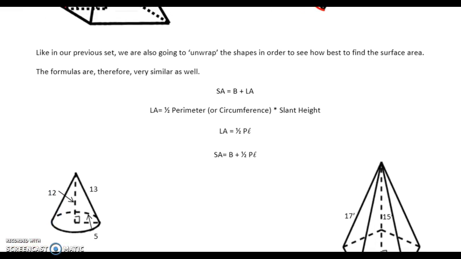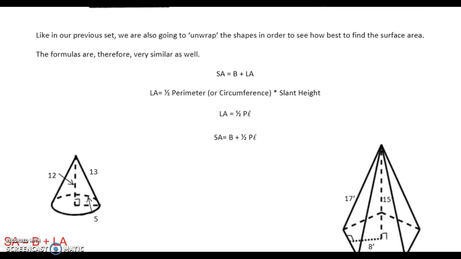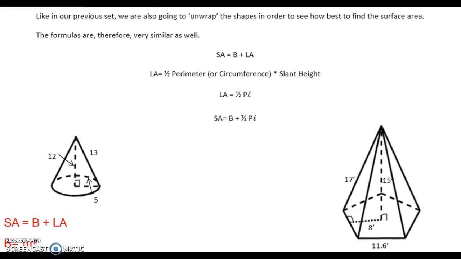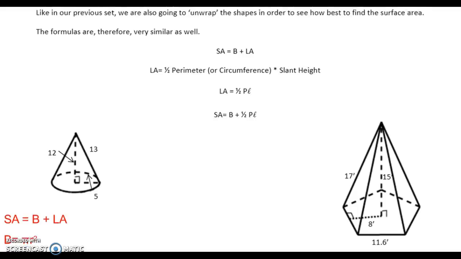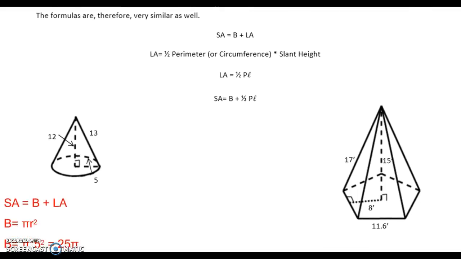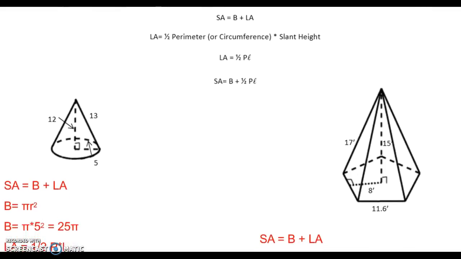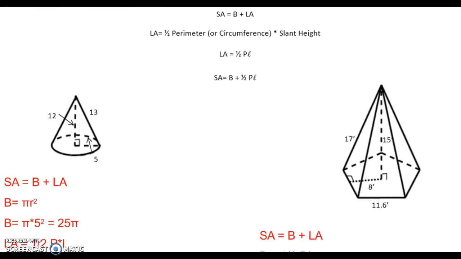First one here, we've got a cone. So I start off with my surface area. Surface area equals base plus lateral area. My base this time is shaped like a circle, so my base formula would be pi r squared. R is 5, so I plug in to get 25 pi for the base. Lateral area is 1/2 perimeter of my base times my slant height.